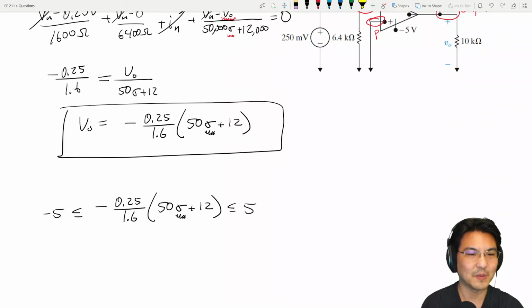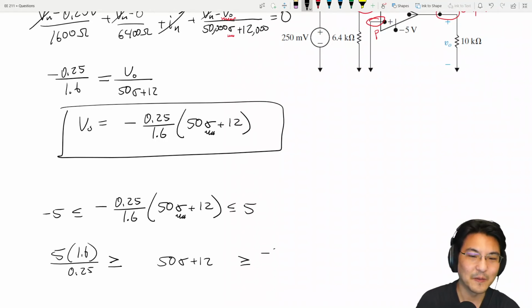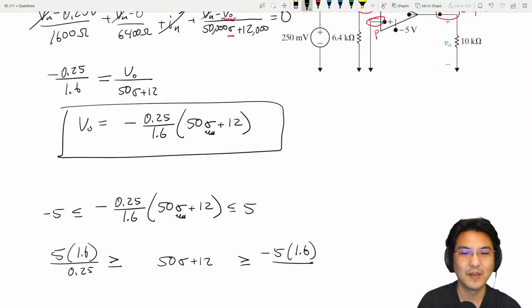That'll turn positive, so 5 times 1.6 over 0.25, and then the inequality flips around. And then this inequality flips around, and then negative 5 times 1.6 over 0.25.